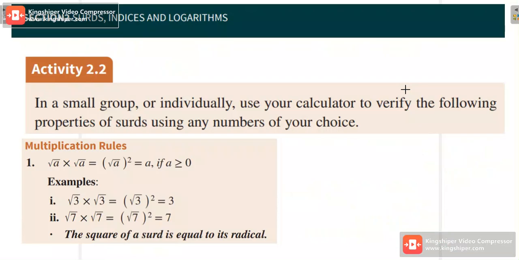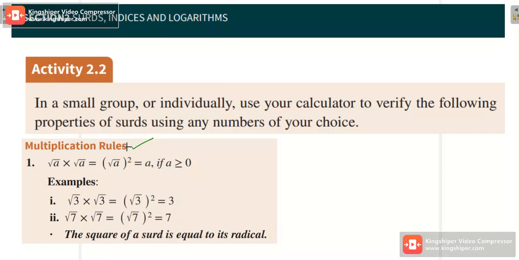Let's look at activity 2.2. In a small group or individually, use your calculator to verify the following properties of sets using any numbers of your choice. So let us start with the very first property, the multiplication rule.